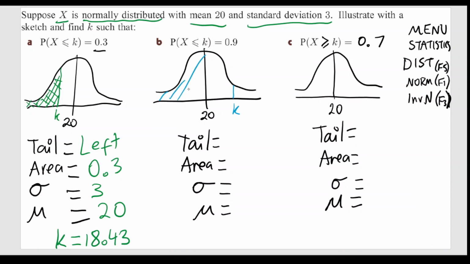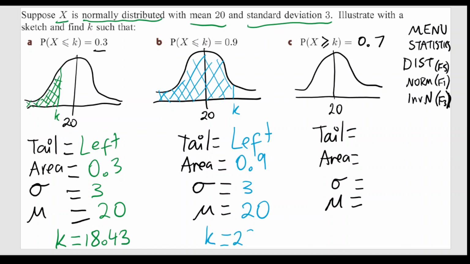So we're looking at all of these values that are shaded here that are in the region which is less than k. So again, we've got our tail off to the left. Our area is going to change to 0.9, so about 90% of all values. Our standard deviation is still 3, and our mean is still 20. If we put this in and we execute, we're going to end up with a k value of 23.84.